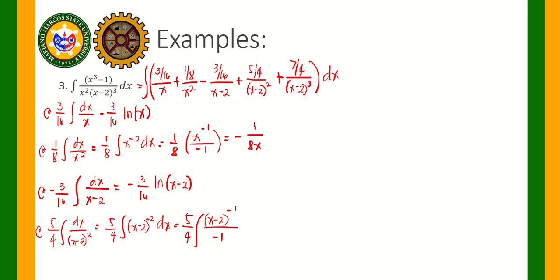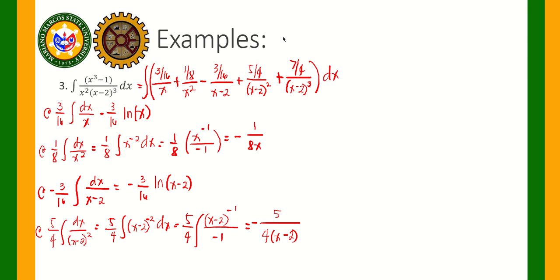The integral of the base is equal to 1. Okay? So, if we rewrite this, you will have 5 over 4 and then x minus 2 raised to negative 1. Of course, that is negative. Okay, so don't forget that.